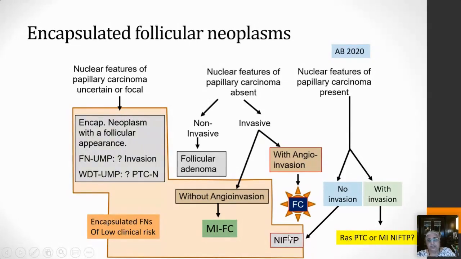But apart from that, you now have follicular tumor of uncertain malignant potential, and well-differentiated tumor of uncertain malignant potential. That's when invasion is indefinite, and here where the PTC nuclei are indefinite. All of these tumors are tumors of low clinical risk.